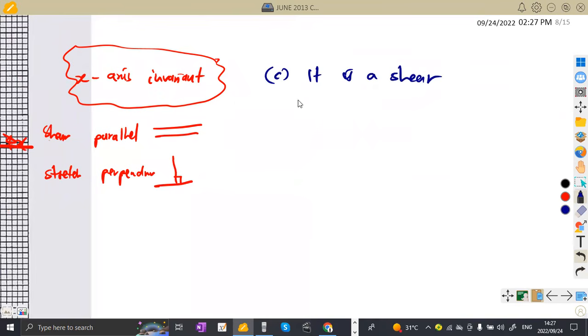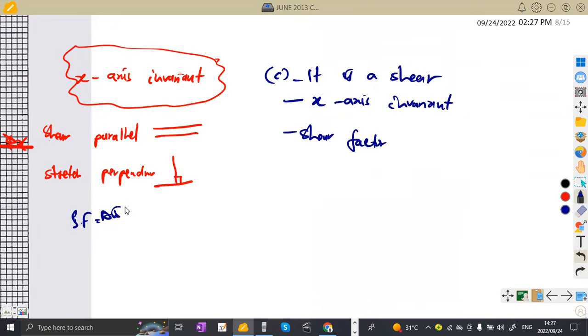All right, so already the invariant line is there. Remember, on shear, you need the invariant line, which is the x-axis. So with the x-axis invariant, what are we left with? We need the shear factor. And I told you guys that the shear factor is the distance moved by a point over the distance of that point from the invariant line.